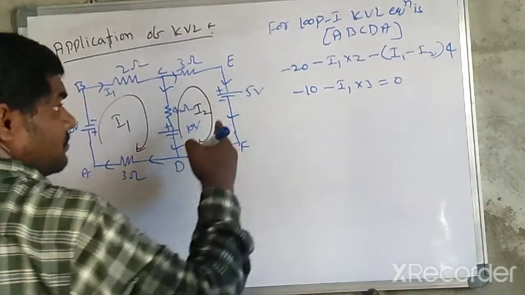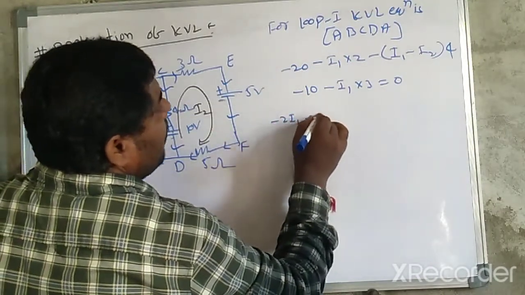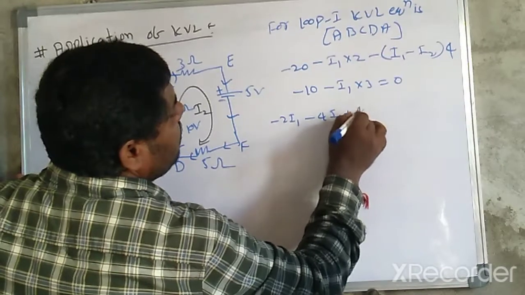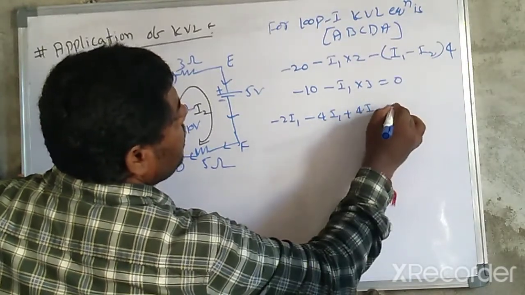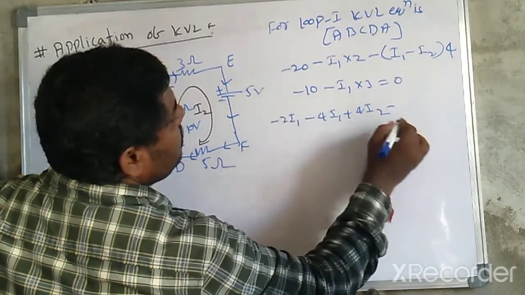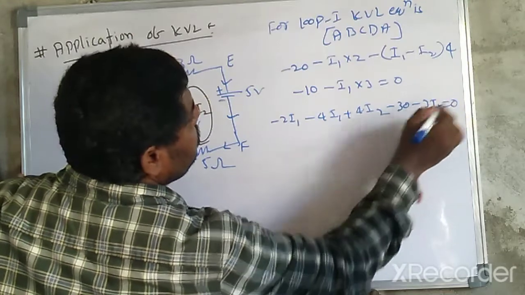It means minus 2I1 minus 4I1 plus 4I2 minus 10 minus 3I1 is equal to 0.